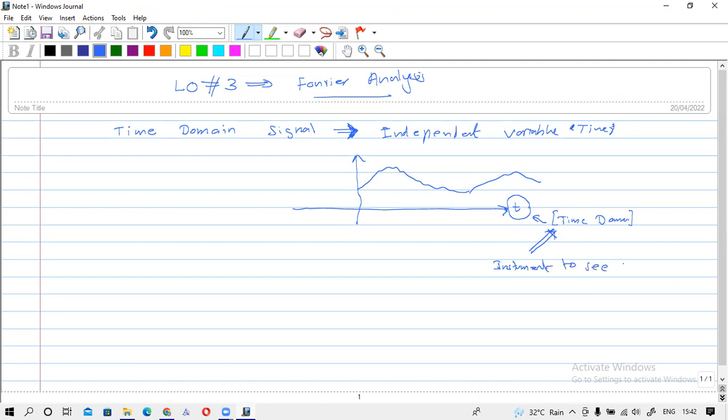In our labs, we have this equipment, instrument. What is that? What is the instrument we are using to see time domain signals? In our laboratories, we have many types of these instruments. What are they? Please tell me.